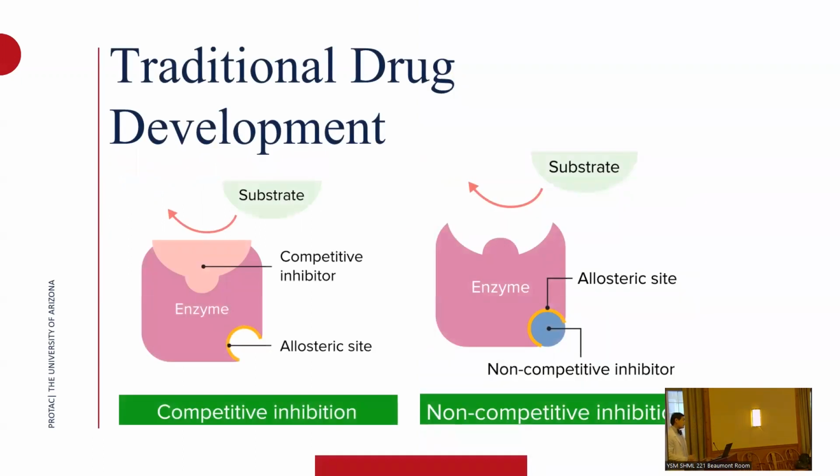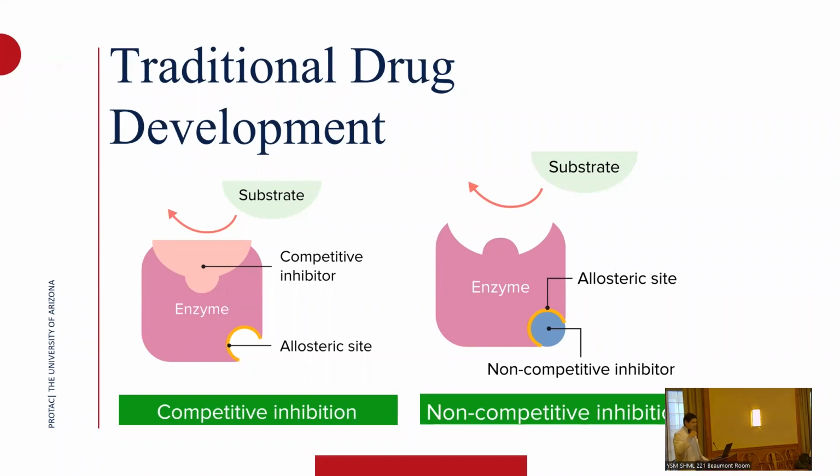Traditionally, drugs are developed based on these two mechanisms. And when I talk about drugs here, I mean small molecule drugs. So they, one, behave like a competitive inhibitor, where the small molecule outcompetes the native substrate, thereby inhibiting the enzyme from carrying out its native function.